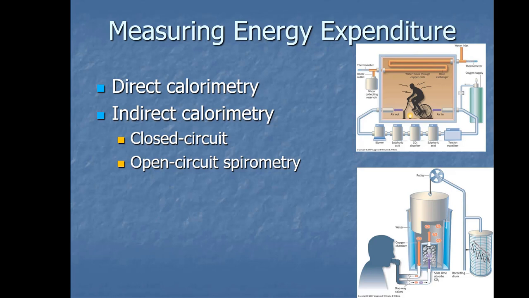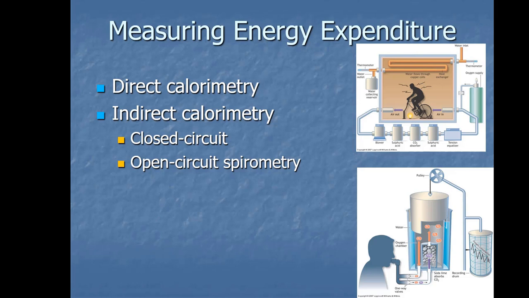Direct calorimetry is where you're actually measuring how much heat is being produced at rest or during exercise. It's based on the concept that all metabolic processes produce heat as a byproduct. This requires really expensive equipment, and usually someone is in a metabolic chamber, which is the term commonly used, but it's basically a room that can detect temperature changes.